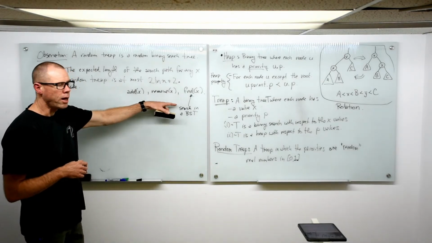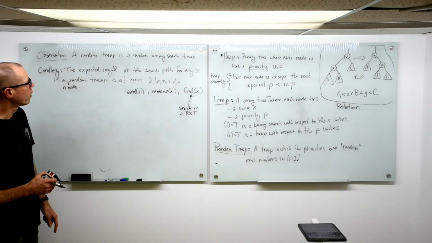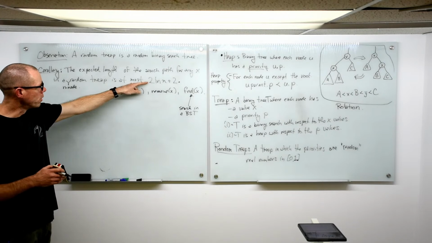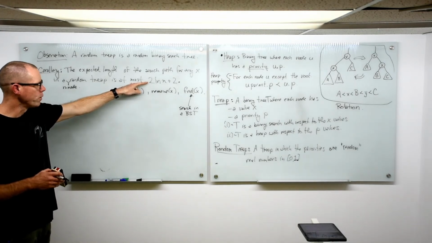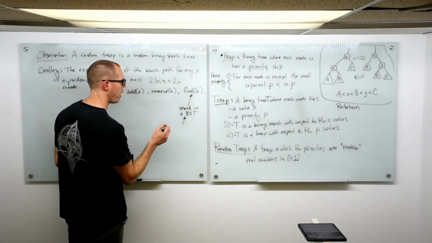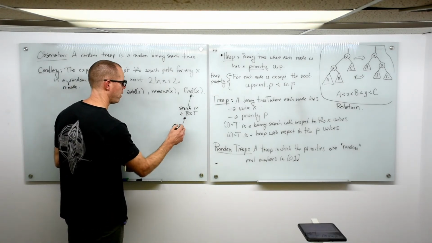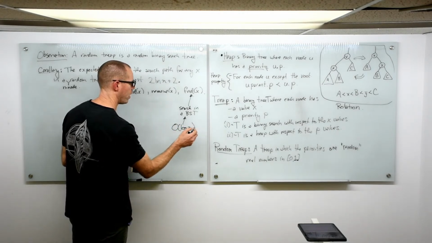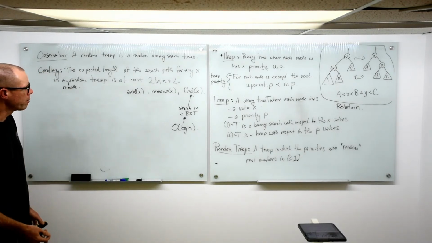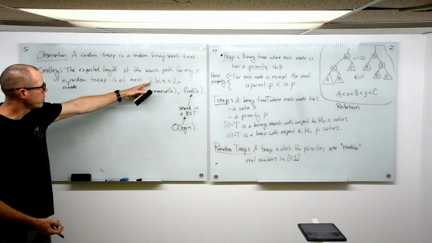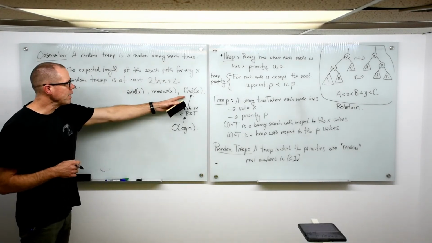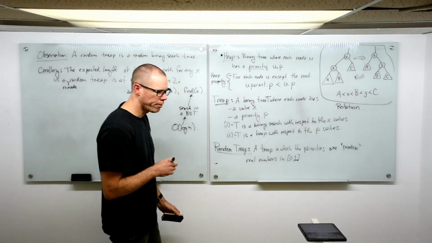And we know how long it's going to take now, because we know that no matter what we look for, the expected length of the search path is at most 2 times the natural logarithm of n plus 2, which means that as long as we make sure that the thing we have is a random treap, then find is going to work in O(log n) expected time, just by the fact that it's a random treap and random treaps have this bound on the expected length of a search path. So find is easy if we can maintain a random treap.